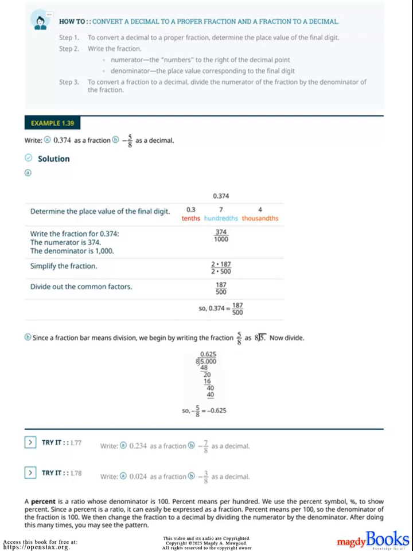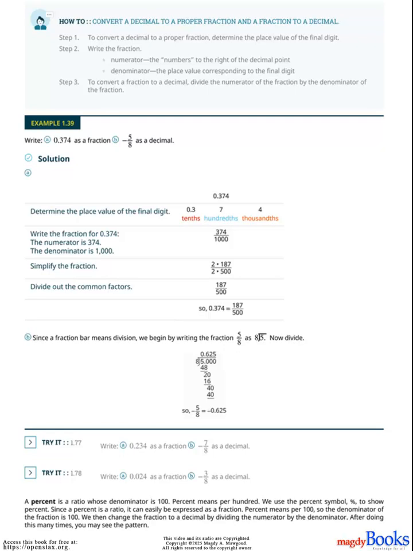A. Numerator, the numbers to the right of the decimal point. B. Denominator, the place value corresponding to the final digit. Step 3. To convert a fraction to a decimal, divide the numerator of the fraction by the denominator of the fraction.